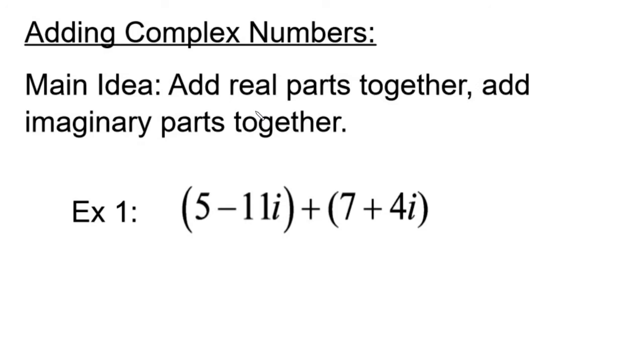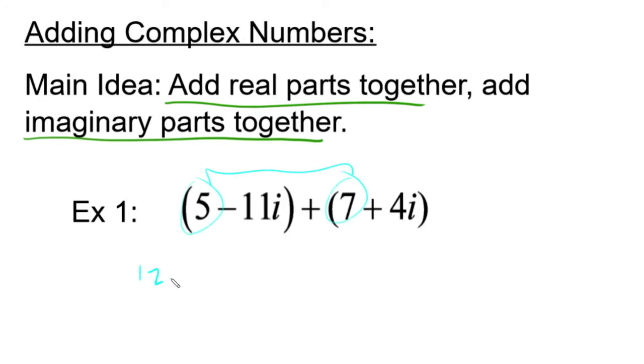So if you add the real parts together and add the imaginary parts together, you will get your answer. So you take the real part. And this is just like combining like terms. The 5 plus the 7, and that's 12, last I checked. And then the negative 11i plus the 4i, and that is negative 7i.